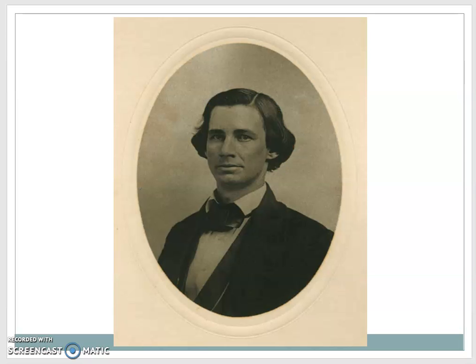Consider this man. His name was Benjamin Hedrick. He was a professor at the University of North Carolina, Chapel Hill, North Carolina. In 1860, he announced publicly on campus that he intended to vote for Lincoln. Lincoln's name wasn't on the ballot, but he'd write it in.